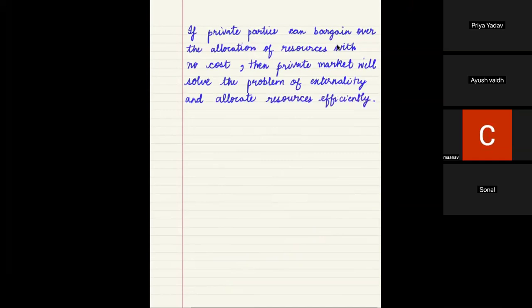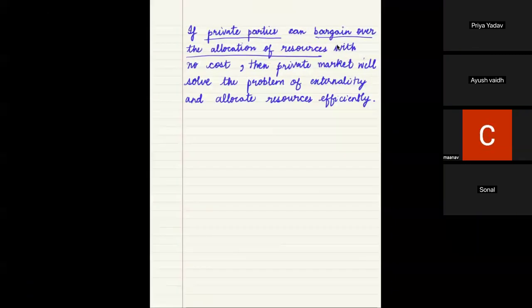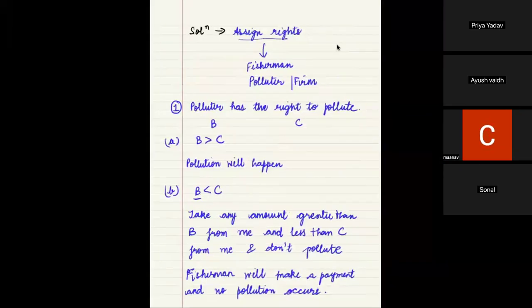So let's go through the statement one by one. If private parties, who are the private parties? The firm and the fisherman can bargain over the allocation of resources. Bargain means, in this example, whether you should pollute or not pollute, whether I will pay you, whether you would pay me, and this bargaining was based on rights.